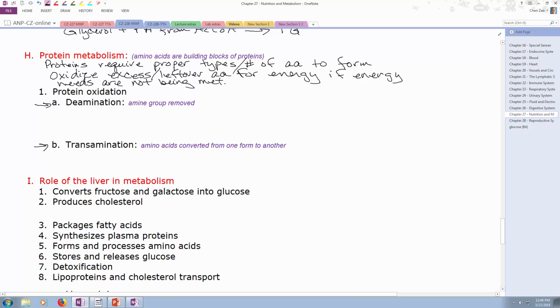Deamination, just like the name sounds, the amine group is removed and it is converted into urea in the kidneys. The remaining components will go into cellular oxidation for energy purposes.